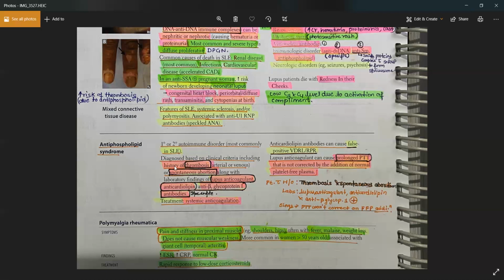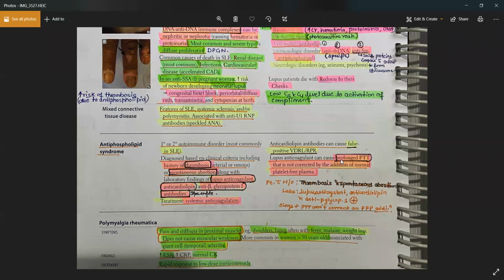Even though the patient is having a hypercoagulable state, the patient is having a prolonged PTT. Okay, you will get the prolonged PTT only when you're having a deficiency of the clotting factors, which means the patient is at a risk of bleeding, right? But ironically, the patient is having a prolonged PTT in case of antiphospholipid antibody syndrome, right? Even though the patient is having a hypercoagulable state, the patient will be having multiple episodes of deep vein thrombosis.